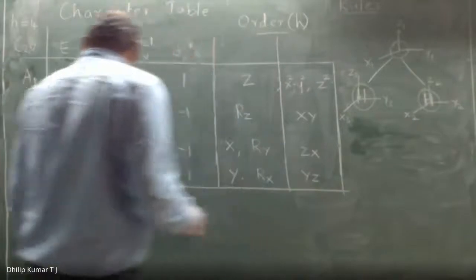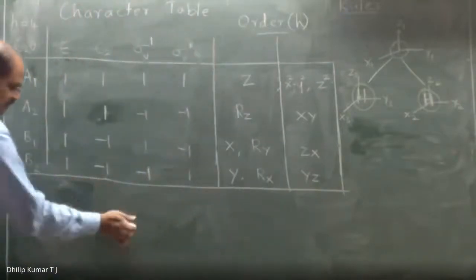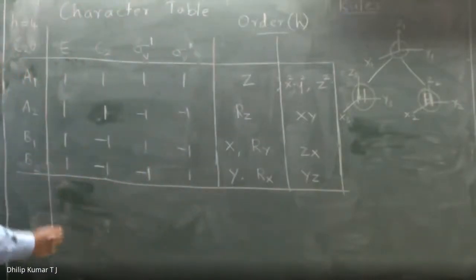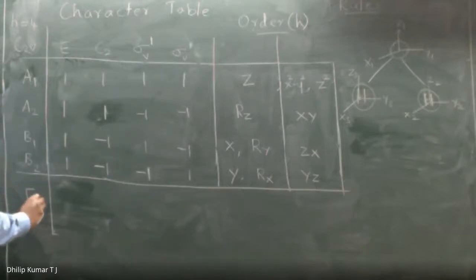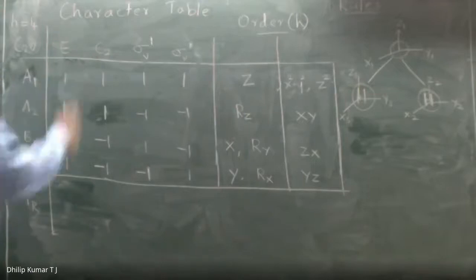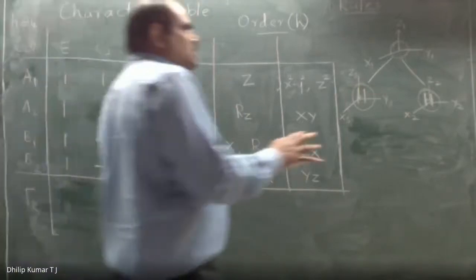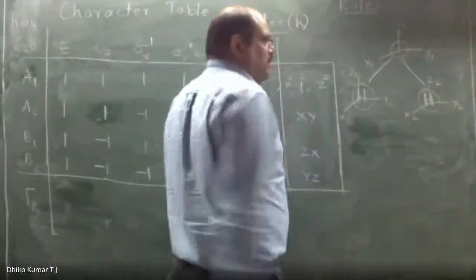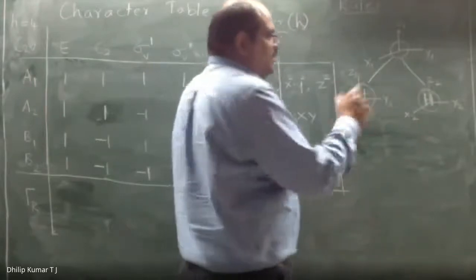So what we do is we just extend this and then write the Bethe notation and then write the reducible representation. We're going to find the reducible representation for each symmetry operation. So if you perform E, the atoms are all remaining as such. You are not changing it.